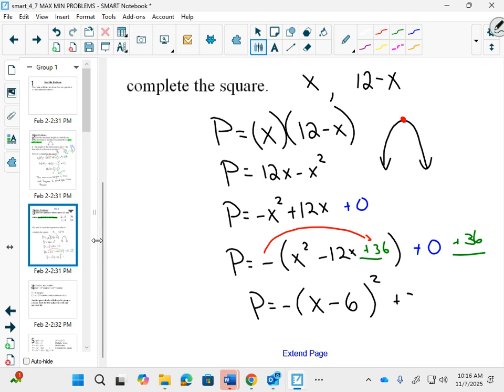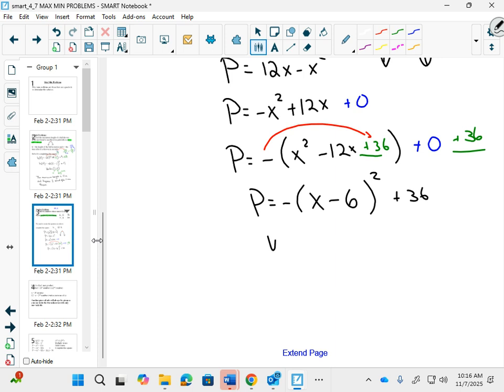So my vertex is 6 comma 36. What did this stand for? This stood for x. This is going to be the max what? Max product. So what are the two numbers? 6 and 6.